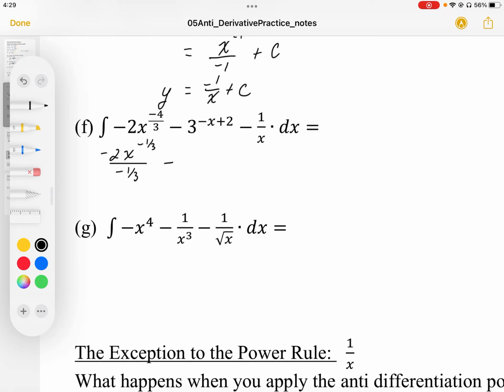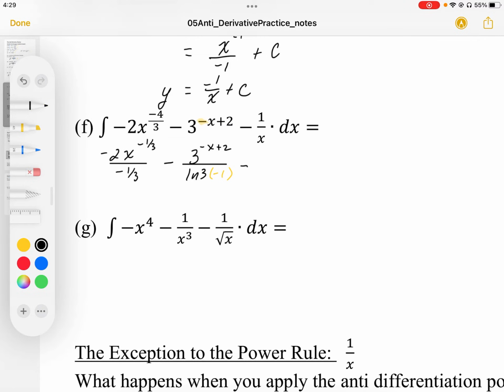Minus, well, 3 is an exponential function, so I'm going to just write the same thing that I had. Okay, it stays the same, but it's a non-base e, so I have to account for that with a divide by log base 3. I also have this negative here, my horizontal compression, that I have to make sure I account for with a divide by -1 or multiply by -1.